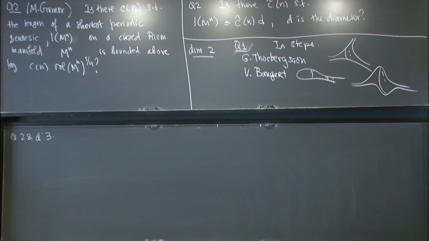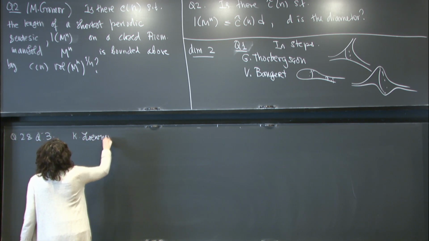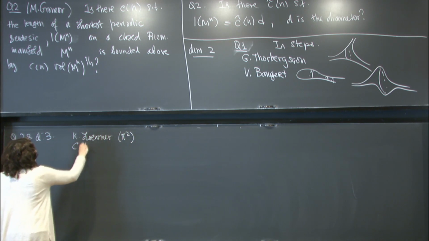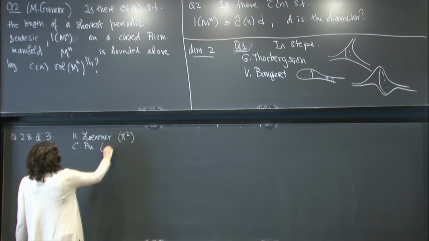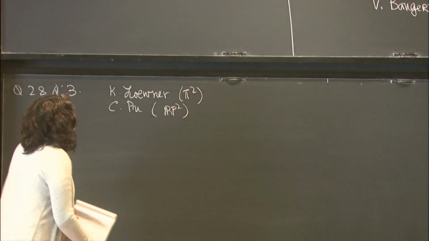But the area bounds still were found in dimension 2, starting from the results of Loewner, who obtained it for the 2-torus, and Pu, for RP2, Riemannian RP2, with arbitrary metric, of course.